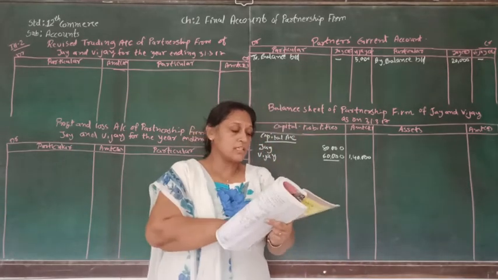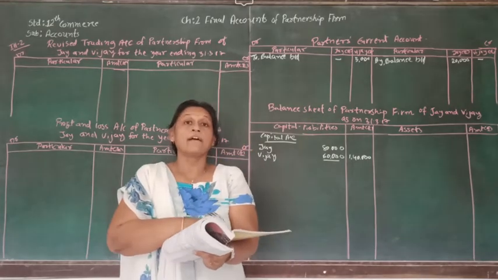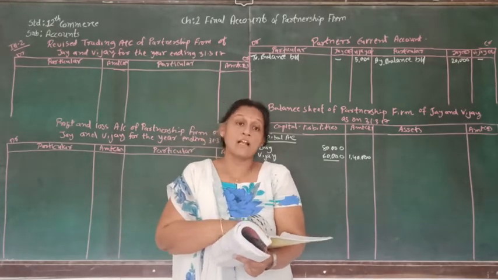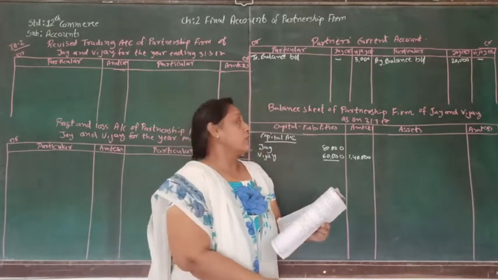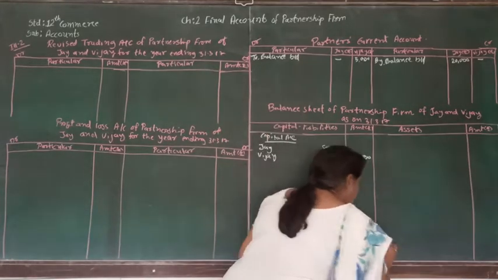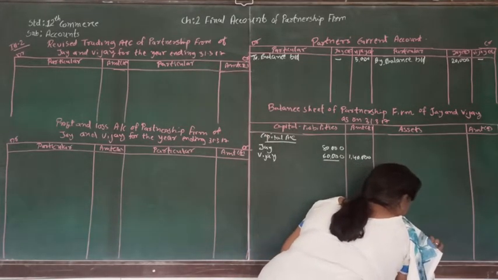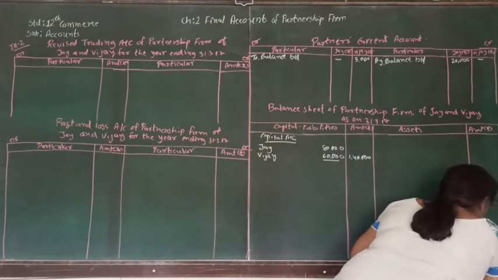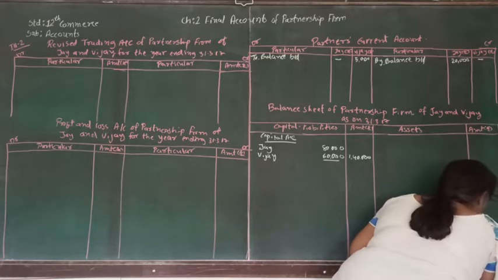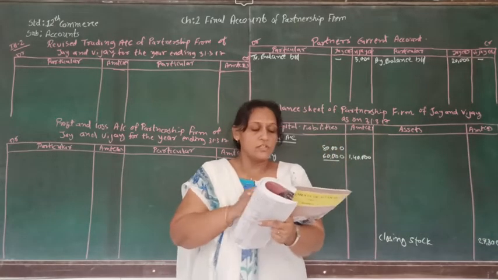Now the other account given to us is closing stock, and closing stock in a trial balance is on the debit side, so it is for the balance sheet. We write closing stock, and that is 27,300. After that, the other account is the trading account.